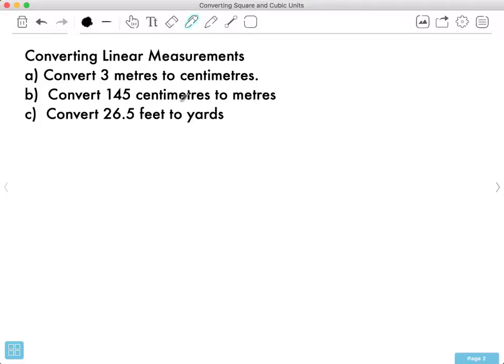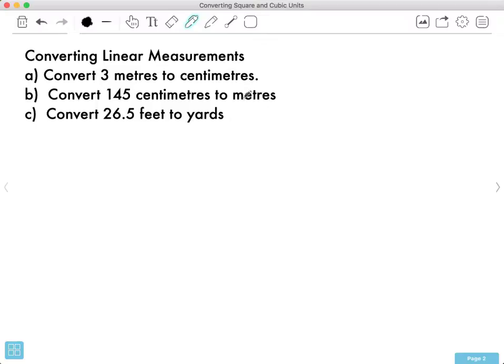We're going to start with just converting linear measurements. Everything I do in this video depends on the fact that you know the main unit conversions. You know there's 100 centimeters in a meter. You know there's 3 feet in a yard, and we'll get to some other ones as we go.